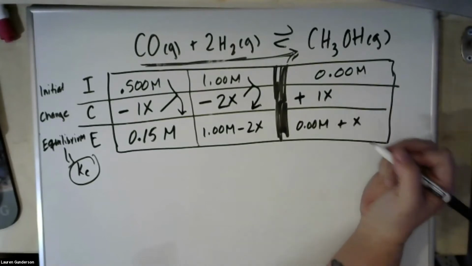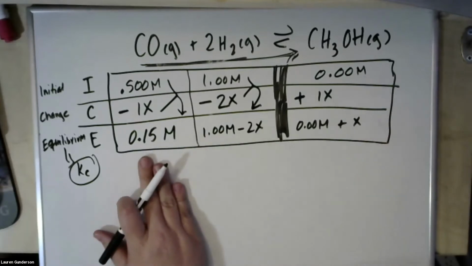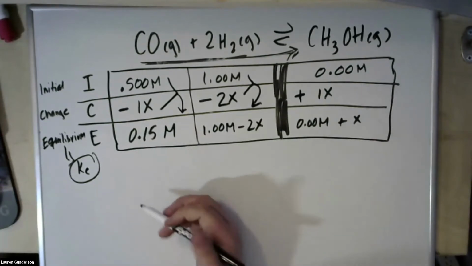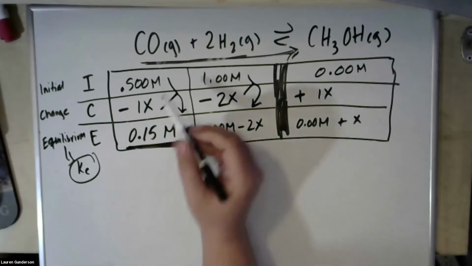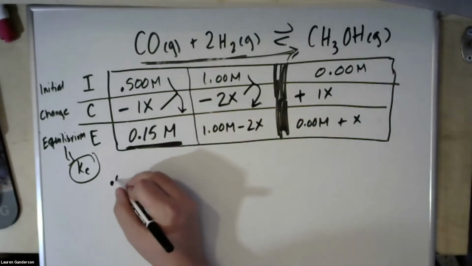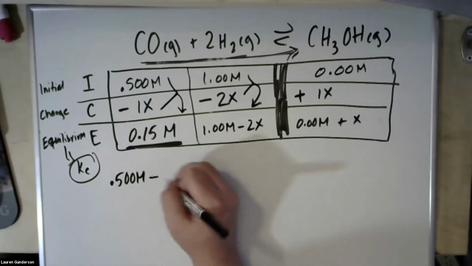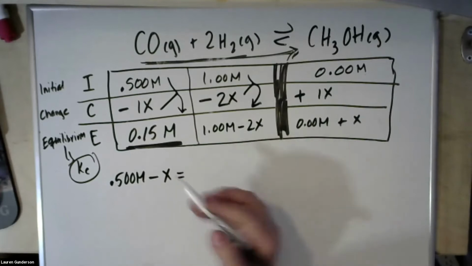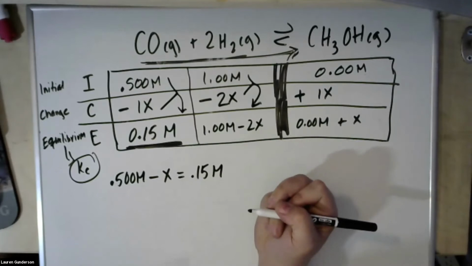Now, they gave us enough information in this problem so that we can figure out what this X value is, what this change is, because they told us what the equilibrium concentration for the CO is. We know that when we take the 0.5 molar initial concentration and we remove X from it, we're going to end up with 0.15 molar, right?